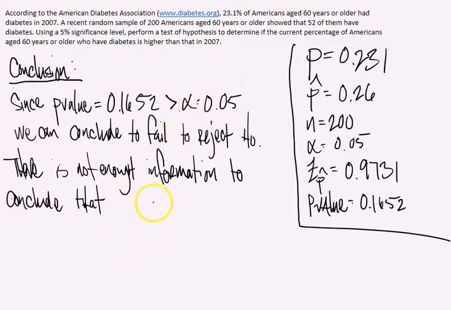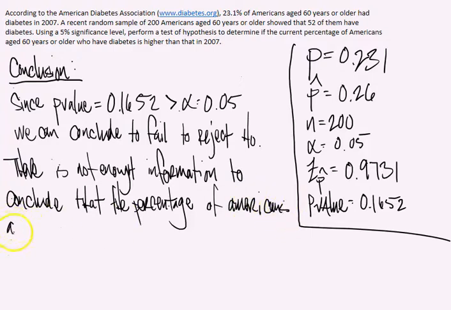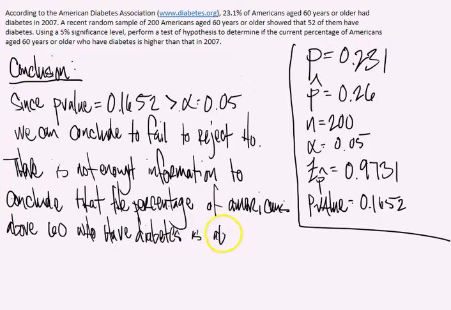Okay, so there's not enough information to conclude that the percentage of Americans above 60 who have diabetes is above 23.1%. Okay, that is what we failed to conclude. Right, so that's our conclusion.